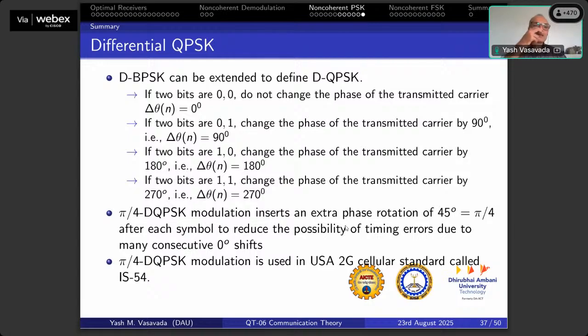Basically, the idea is that you take incoming bits and use them to determine whether to change the phase of the next symbol compared to the current symbol. You don't use the 2 bits to determine the absolute phase of the current symbol. That is the coherent scheme. Non-coherent schemes always determine the delta changes that are introduced.